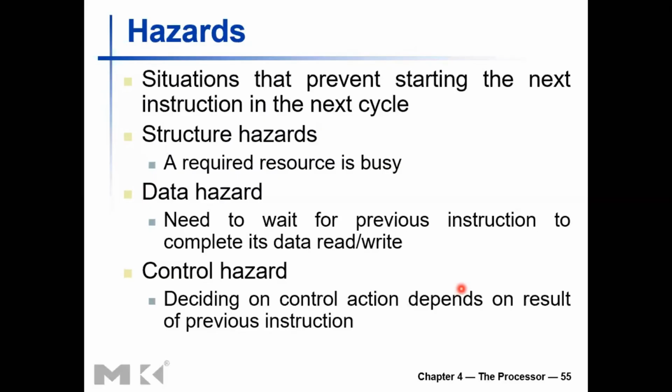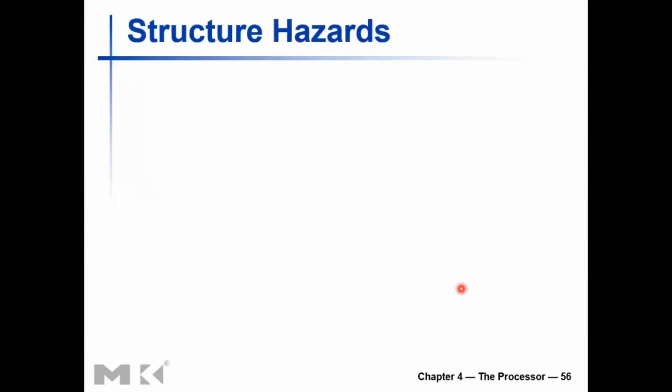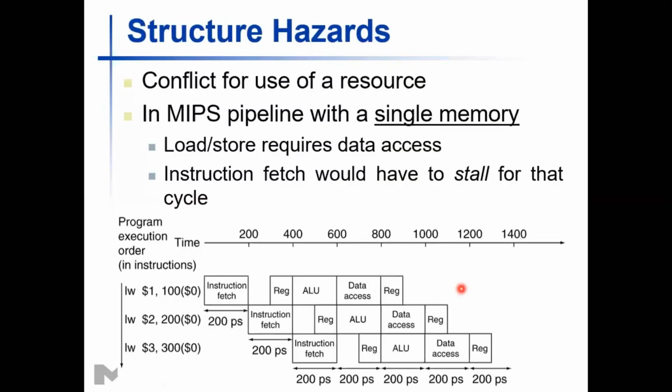Then the last type of hazards was control hazards, where the control flow decisions depend on previous instructions' results. So you cannot bring an instruction right after something like a branch. So we had a look at these different hazardous situations, and we had a look at how these hazards can be avoided as well.